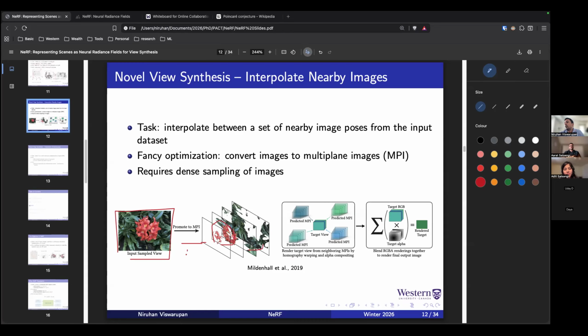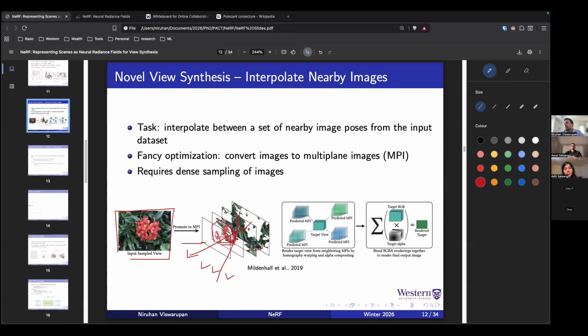If you look at it from here and here, the foreground will move with respect to the background. People have tried to predict this kind of movement so that if you have two views like this, you can get something in the middle or something just outside of what you have.